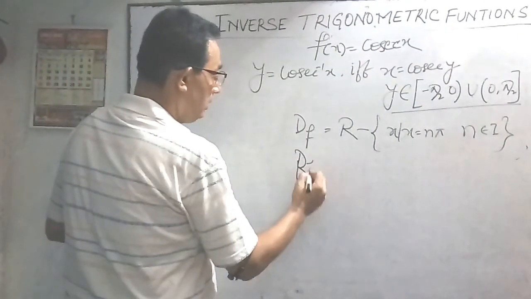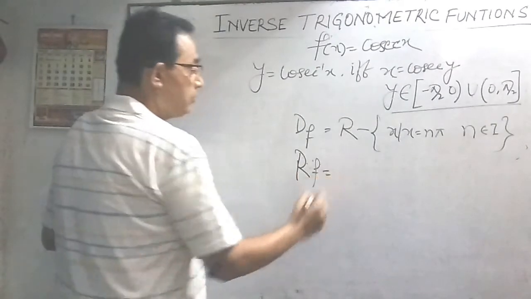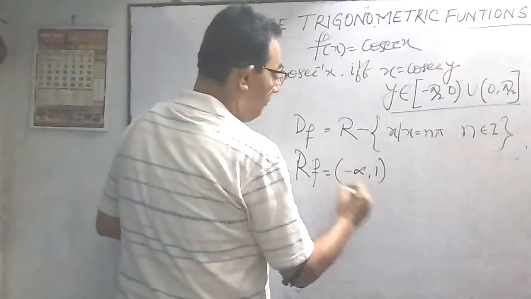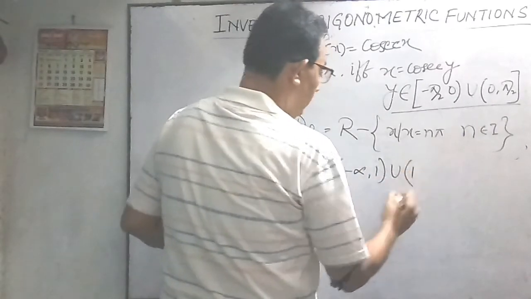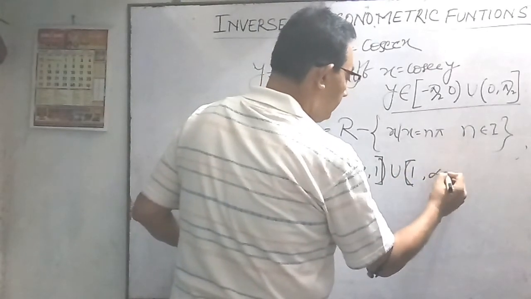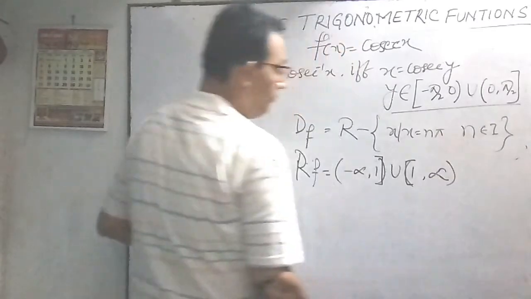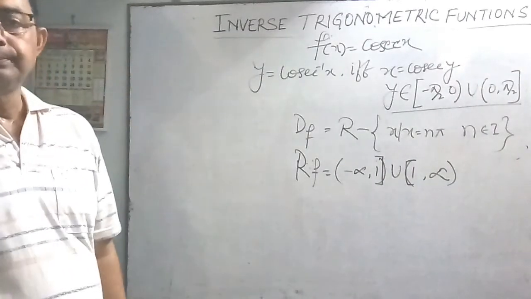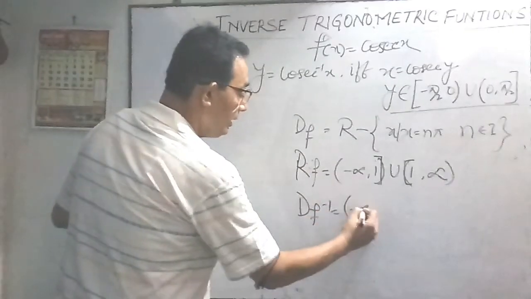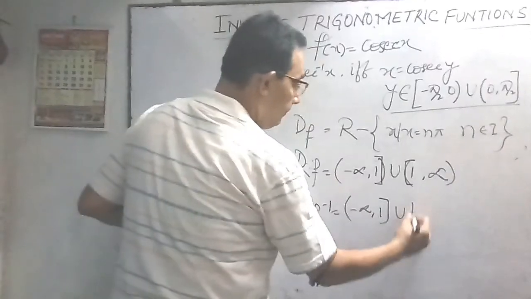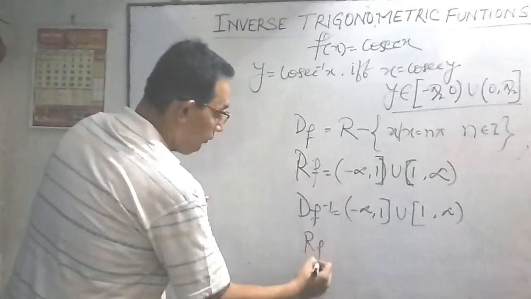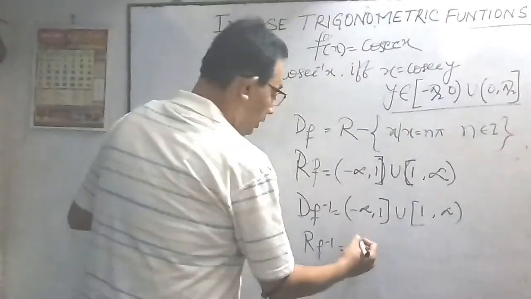The range of f is what? The range of f is minus infinity to minus 1 union 1 to infinity. Understood? So the domain of f dash will be minus infinity to minus 1 union 1 to infinity. The range of f inverse will be what?